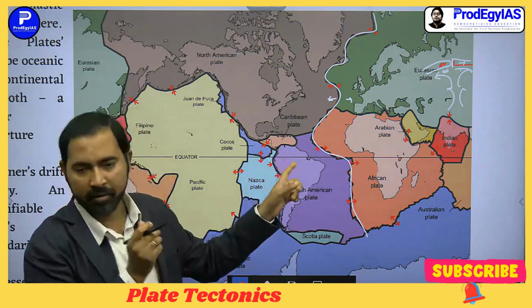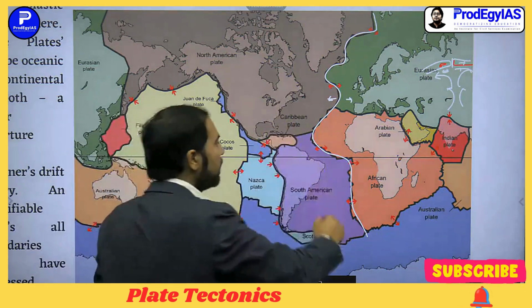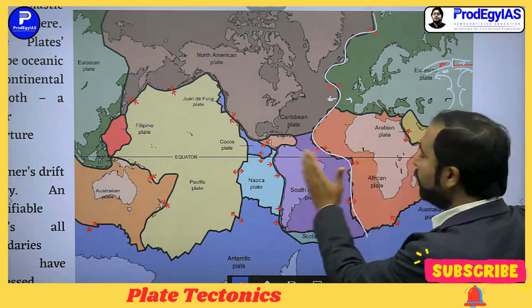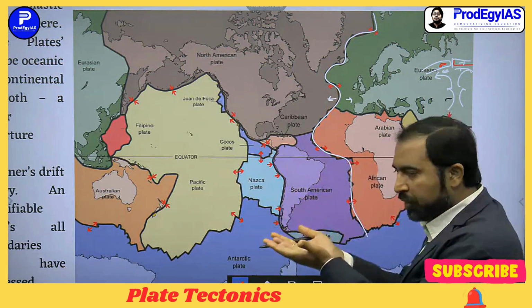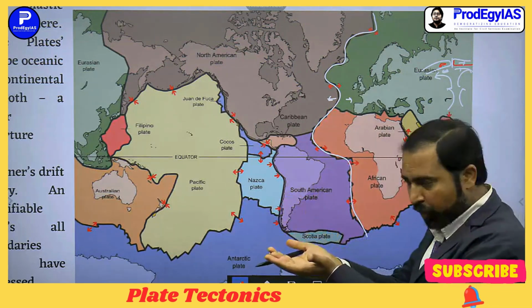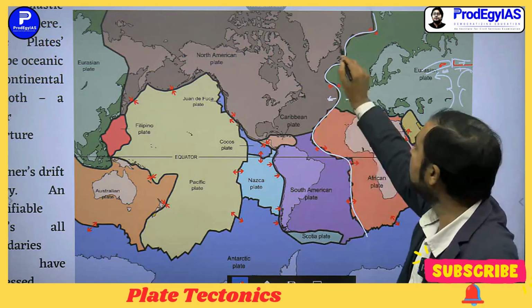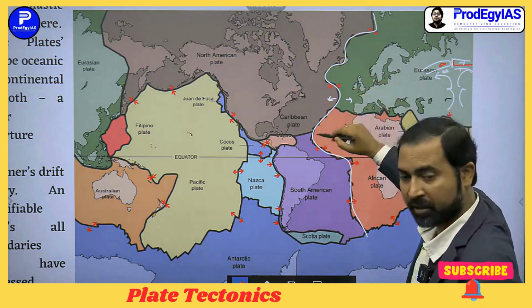So in this manner, when there was a rift, and this part of the continent and this part of the continent moved away from each other, the oceanic floor came into existence in that manner. There was no ocean between them. This part was here and this part was here. They were joined together.